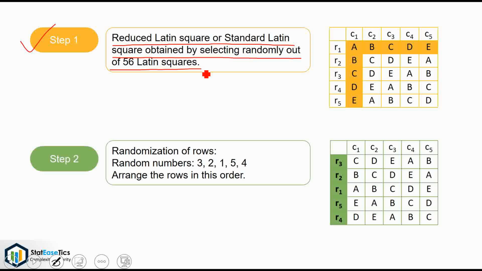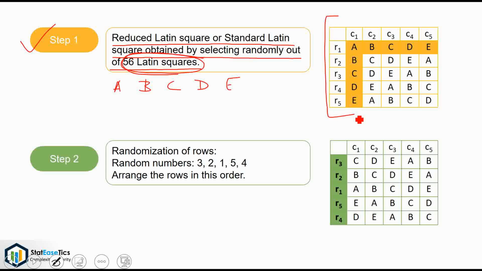Here we have considered 5 treatments, namely A, B, C, D and E, so there will be 5 rows and 5 columns. As we have taken 5 treatments, there are 56 possibilities of different Latin squares. Hence, we have to randomly select any one Latin square from it.